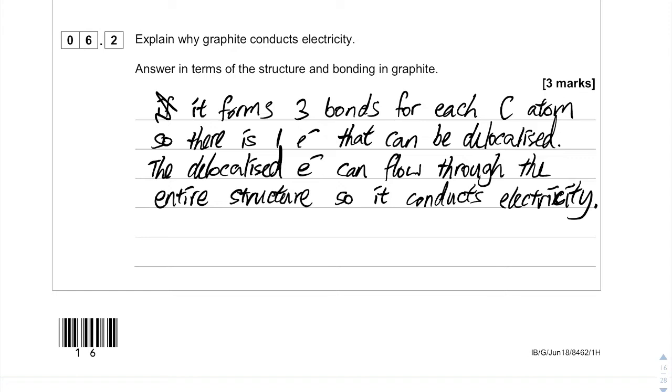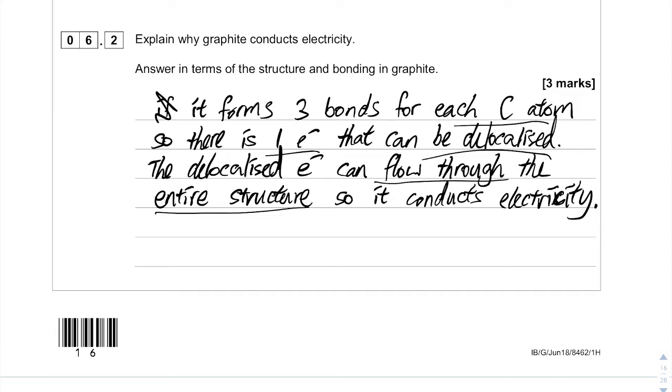Yes, so for the 3 marks, it's to state a delocalized electron for each atom of carbon, and to say it can flow through the entire structure. So it's the structure that matters, not the layer of graphite.